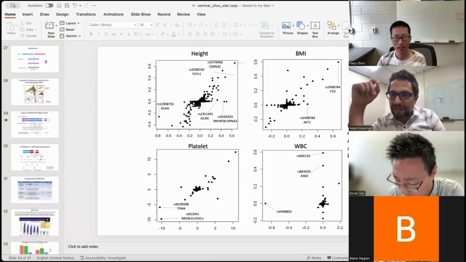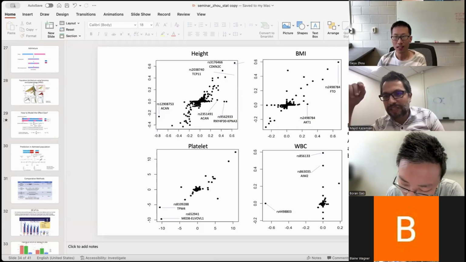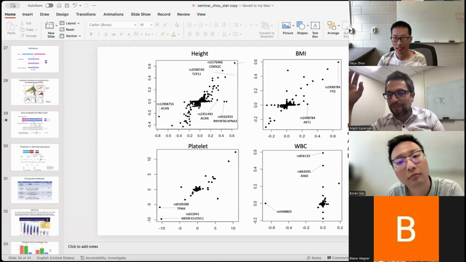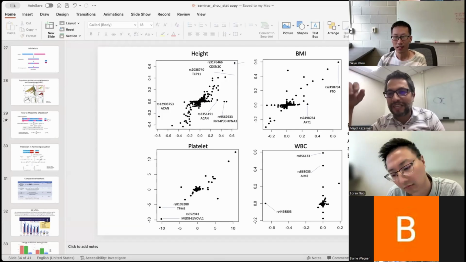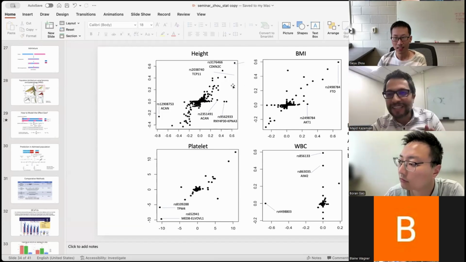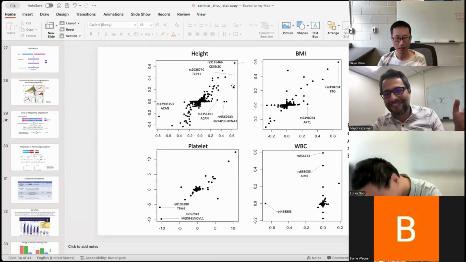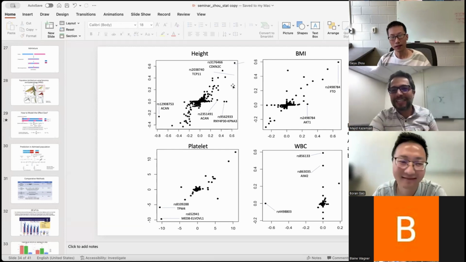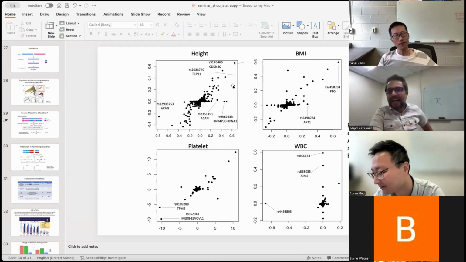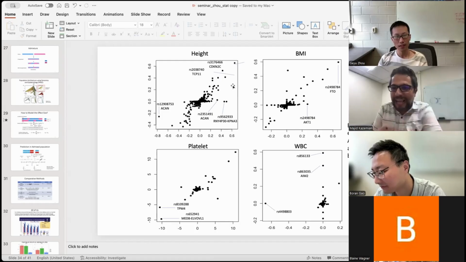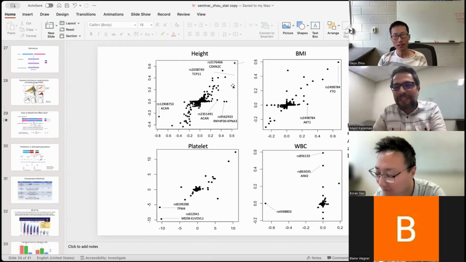That's fair. And then how close, if I may ask, does the prediction get? Let's say for height, is it within a few inches of height difference? Is it like a foot of difference? I mean, how close are we in terms of the real tangible outcome of these models?